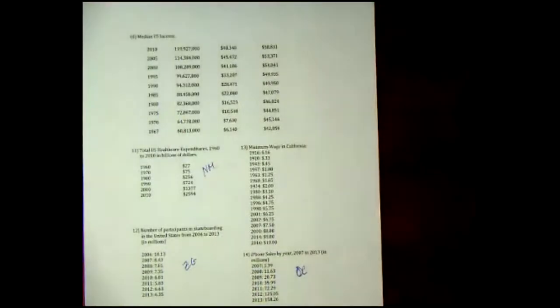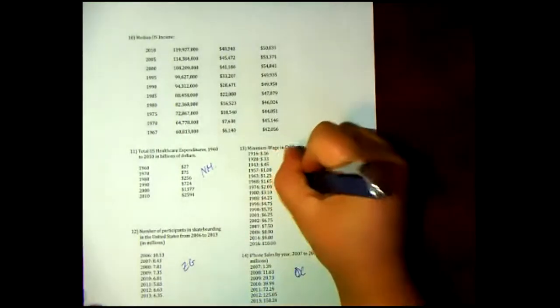Again, before you leave today, you must choose your data set. Lumeria wants number 5. And then Anthony wants number 13.